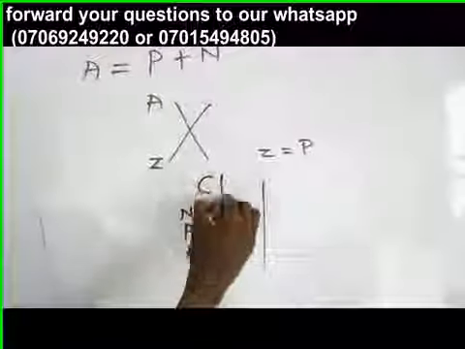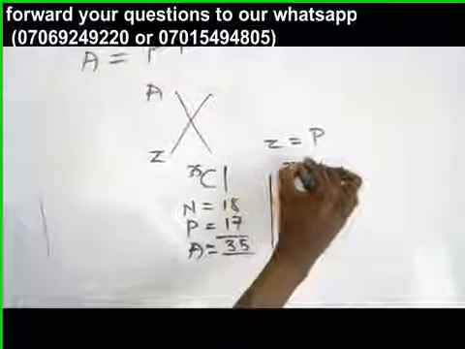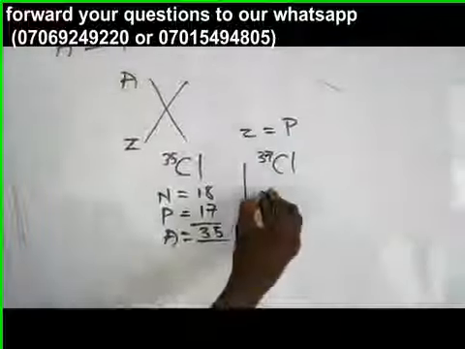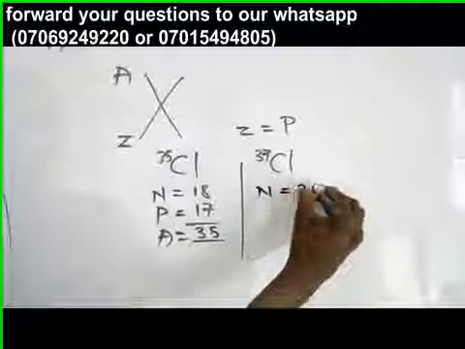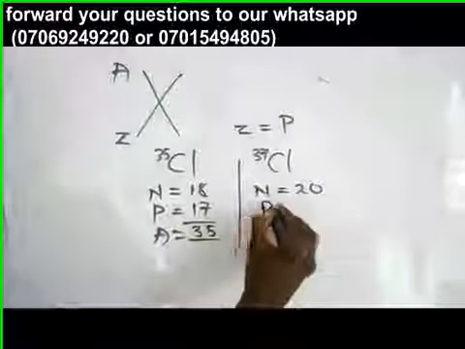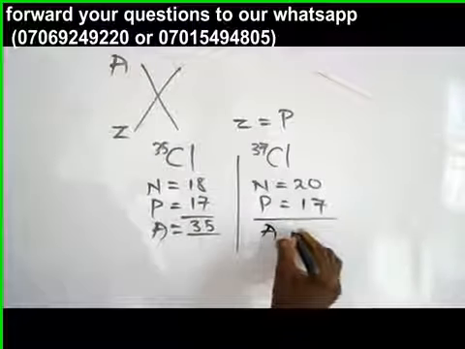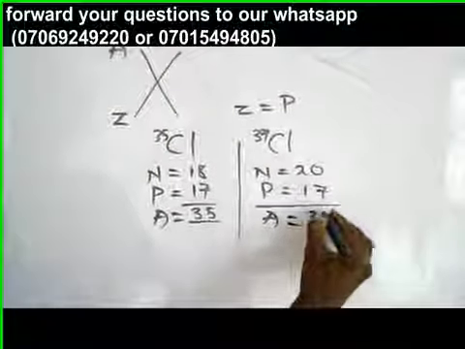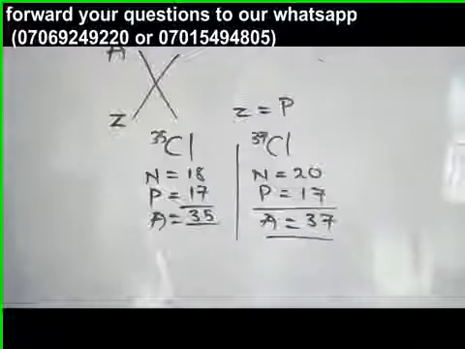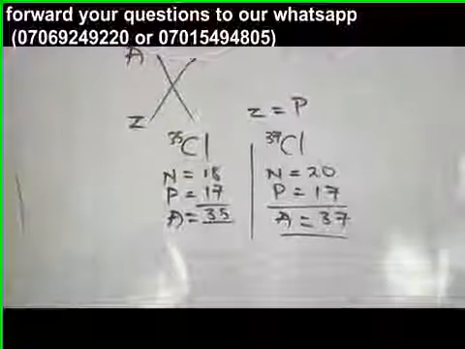We call this chlorine 35. There is another chlorine that we call chlorine 37. That chlorine 37 has 20 neutrons, and the number of protons is still 17. When you add that together, the mass number will be 37. So you can see this is chlorine 35, and this is chlorine 37.